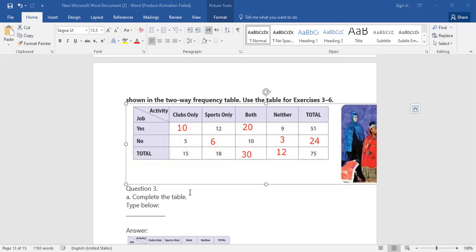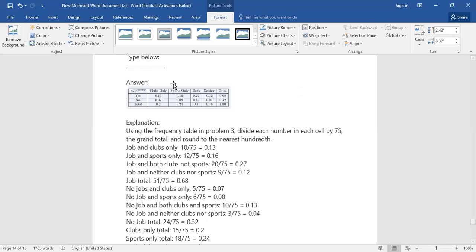I want someone to tell me the first one. 10 over 75. So the answer will be 0.13. Then 12 divided by 75, so it will be 0.16 and so on. Okay, then you divide each cell by the grand total, joint relative.